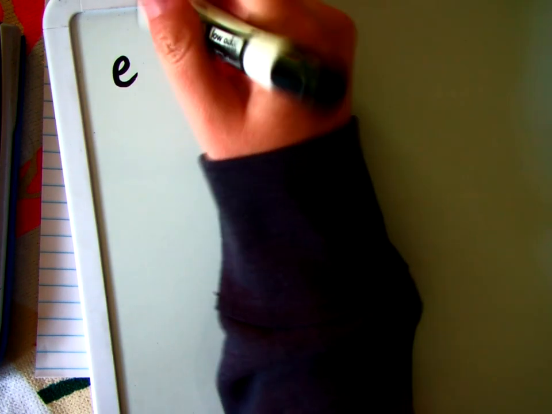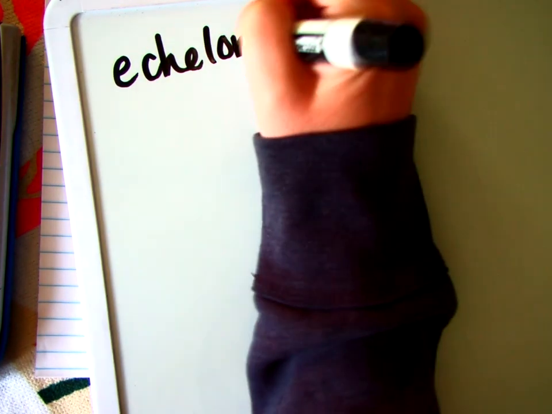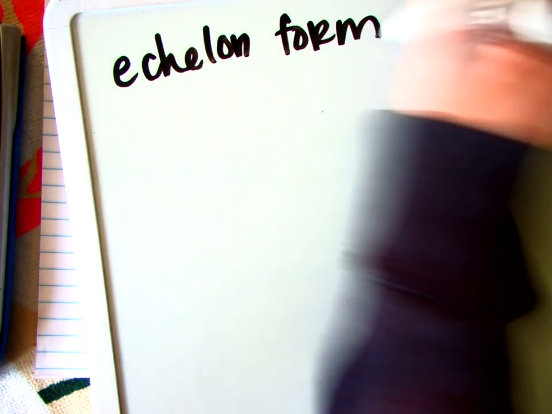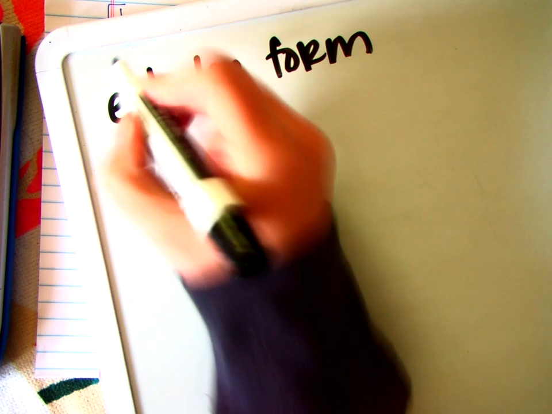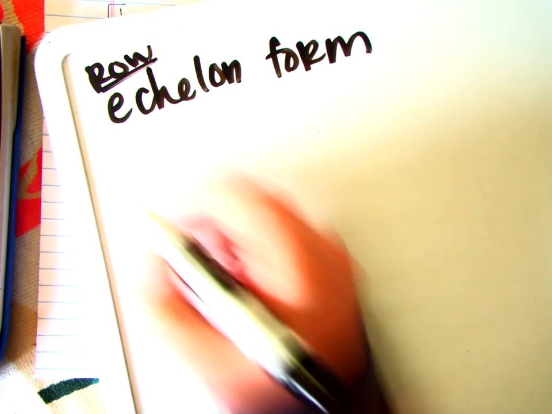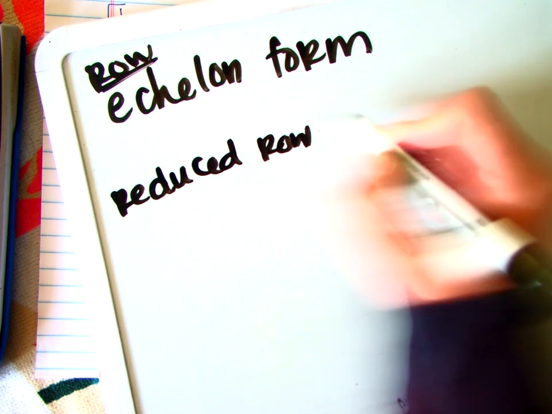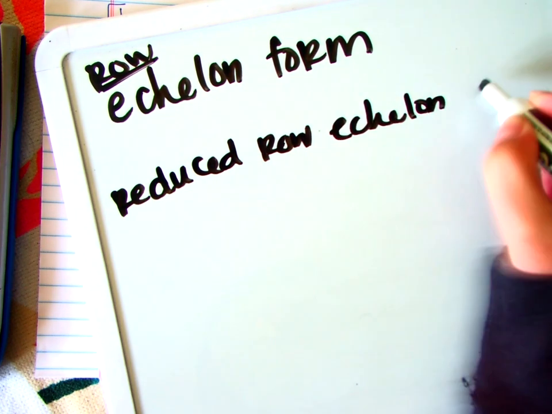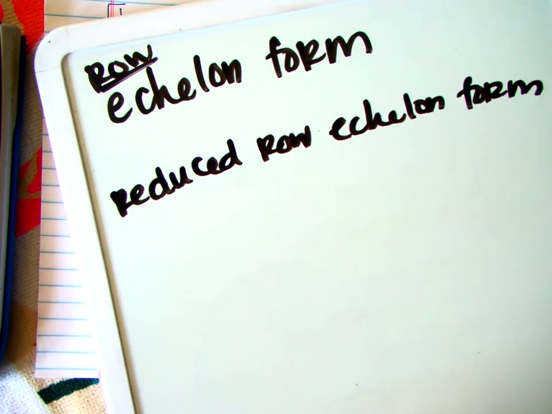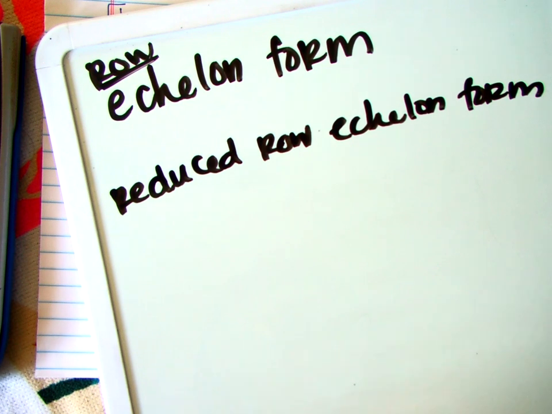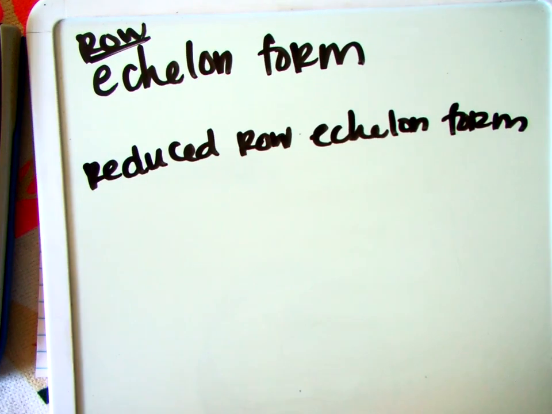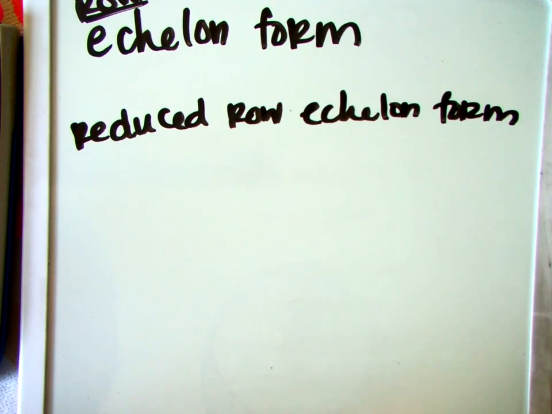But there's something called echelon form. It actually is row echelon form and reduced row echelon form. The word echelon is a word for rank. So it's just a way to rank the rows.